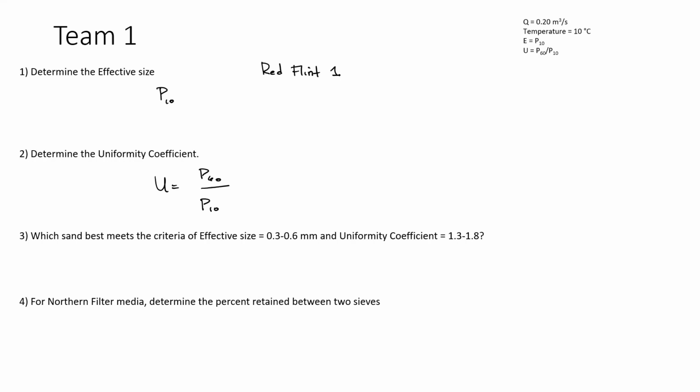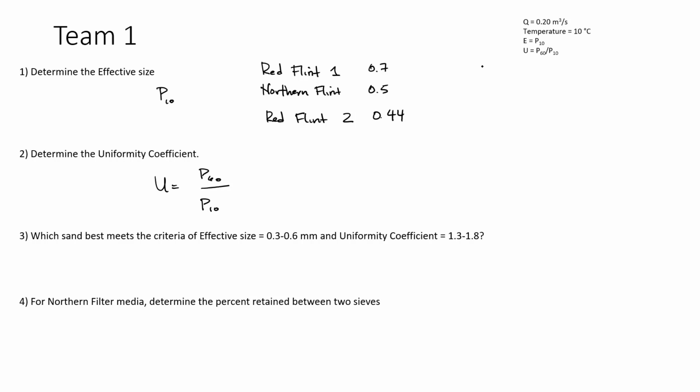Red Flint 1 is 0.7, Northern Flint is 0.5, and Red Flint 2 is 0.44. And typically we want these to be in a range, and I don't have that written down, about 0.4 to about 0.7. So all of these are within the range.